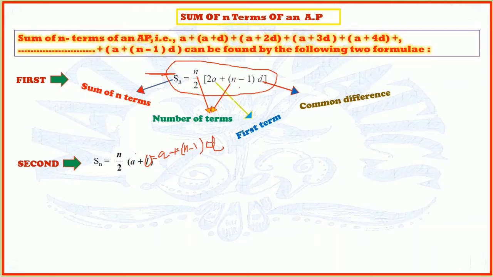When you write it this way, a plus a will be 2a plus n minus 1 into d. So these two formulas are almost the same.